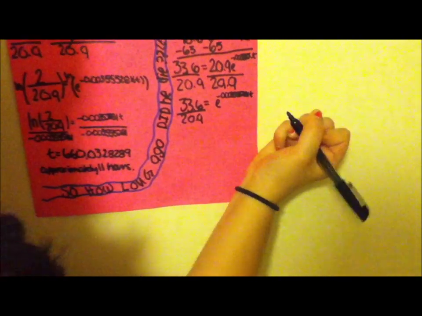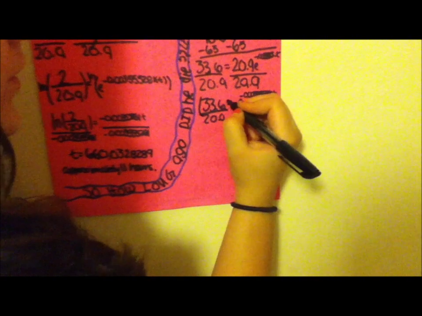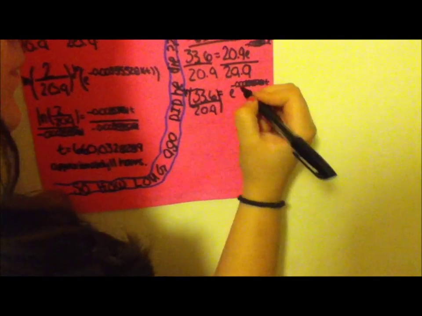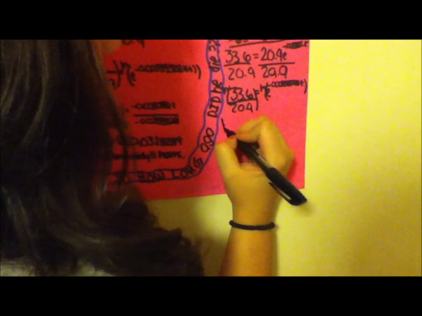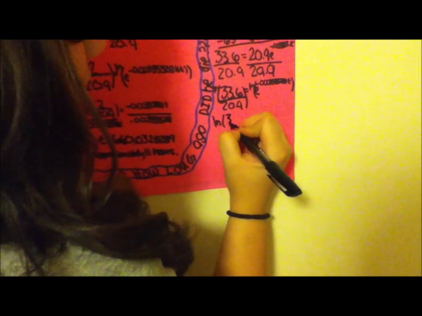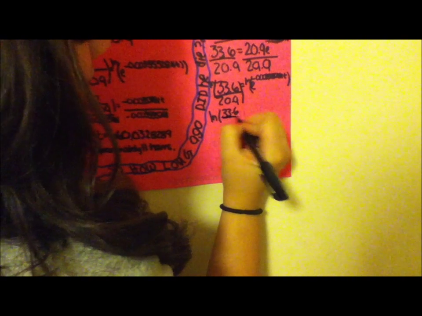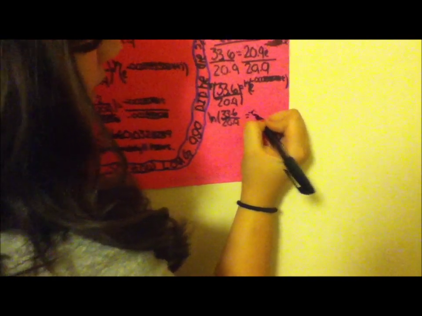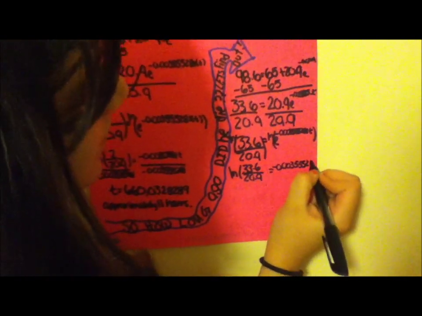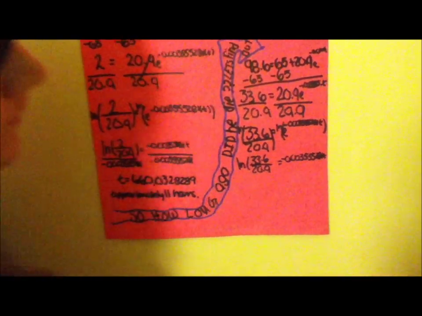0.003555281 t. You take the natural log of both sides, and you're left with natural log of 33.6 divided by 20.9 equals negative 0.003555281 times t.